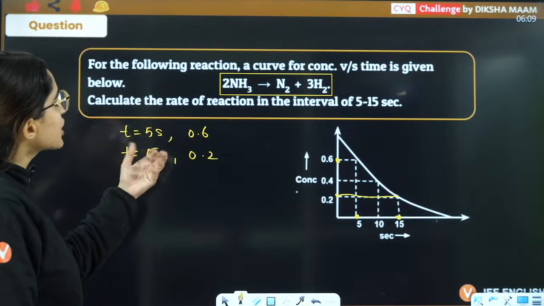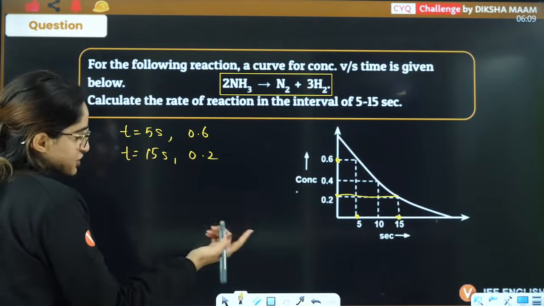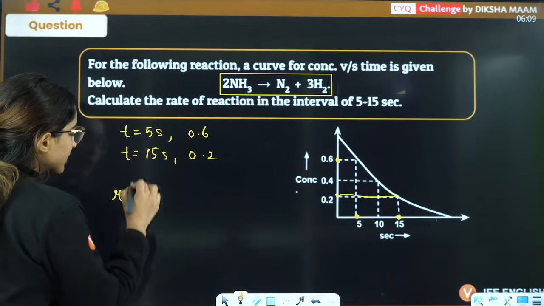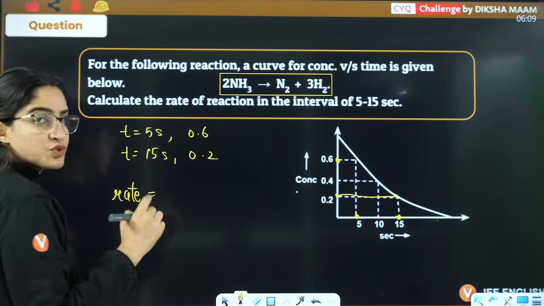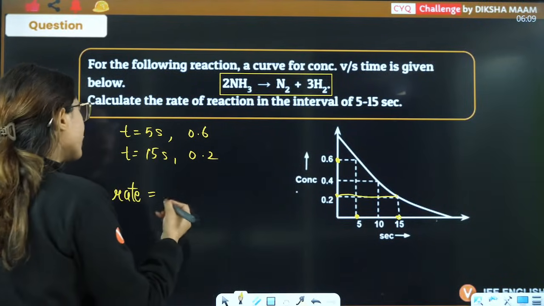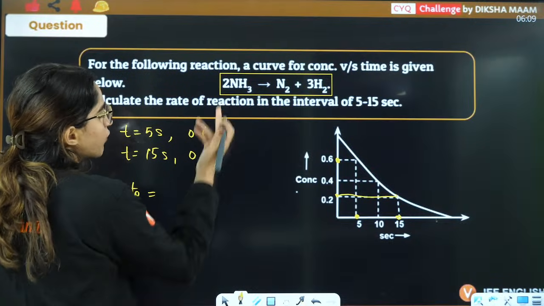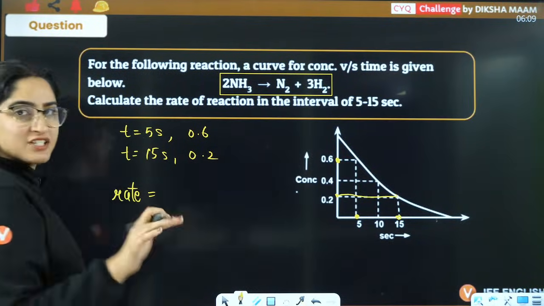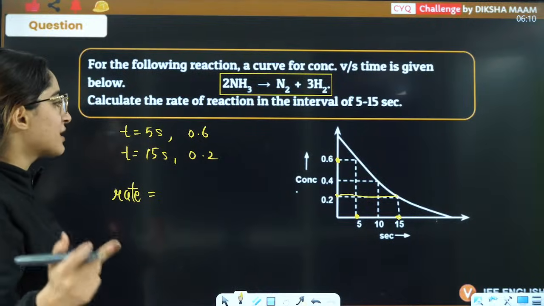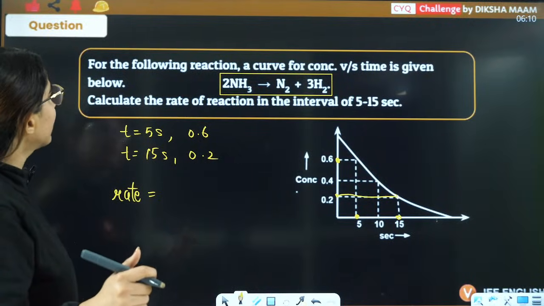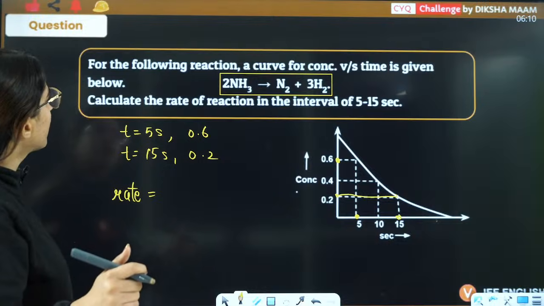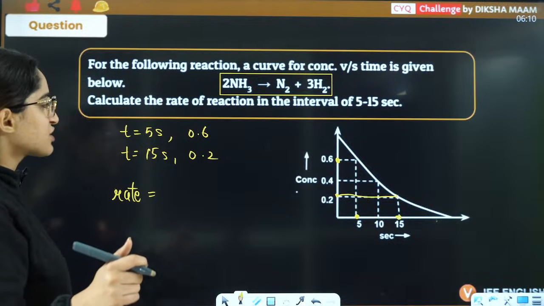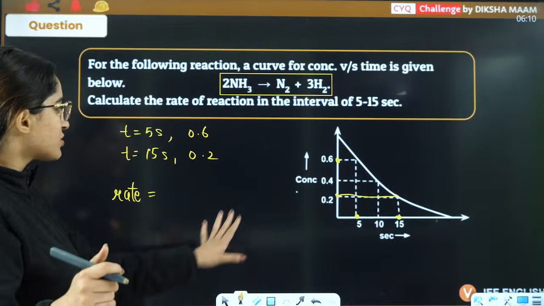Now they are asking you to calculate the rate of reaction. What is rate? Rate is equal to minus of the change in concentration divided by change in time. Here they have given you the curve of concentration of ammonia.